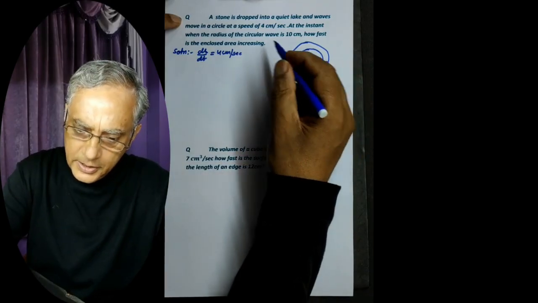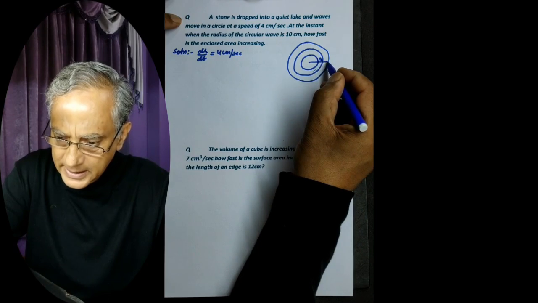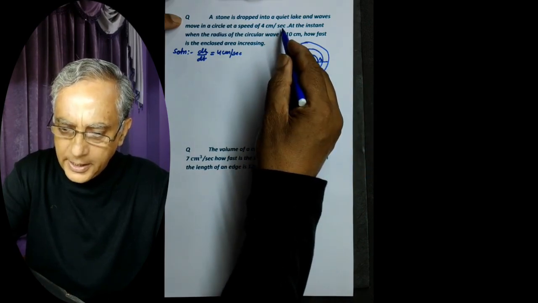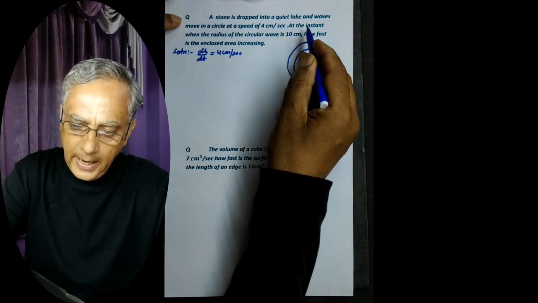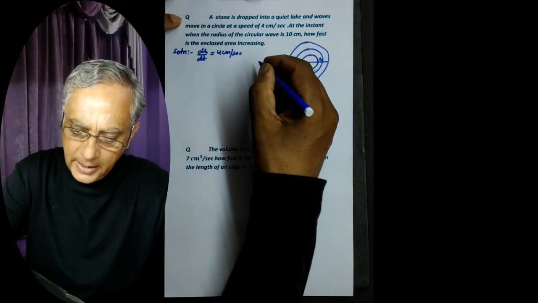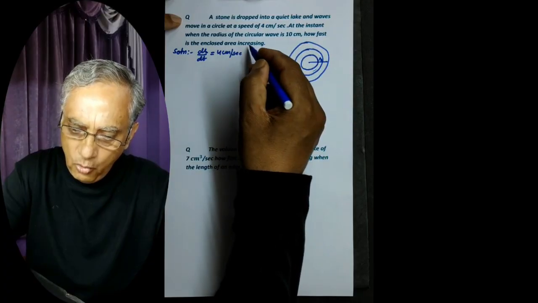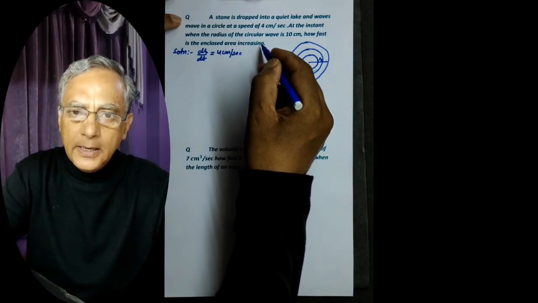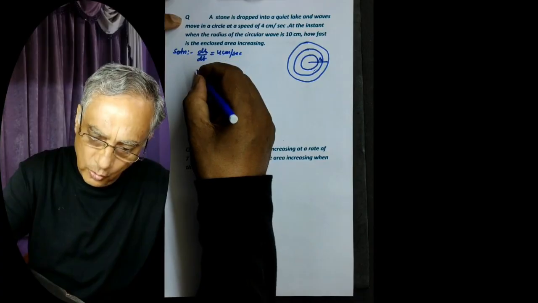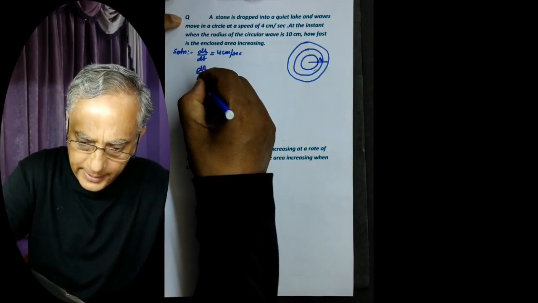These circles move at a rate such that their radius is increasing at the rate of 4 centimeter per second. At the instant when the radius of the circular wave is 10 centimeter, how fast is the enclosed area increasing? So we have to find dA by dt.